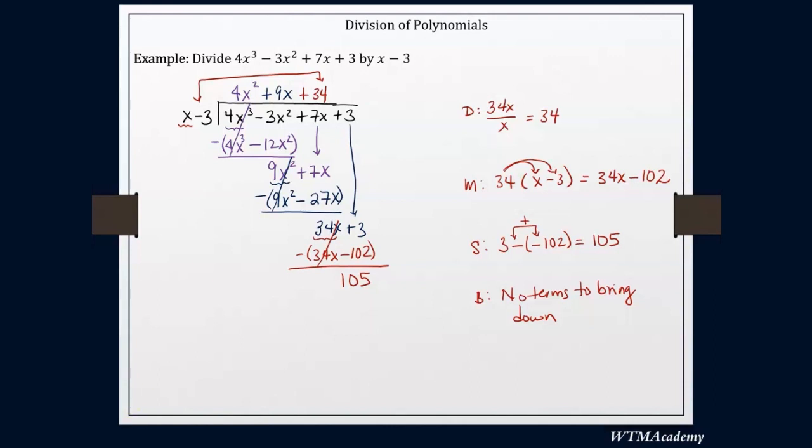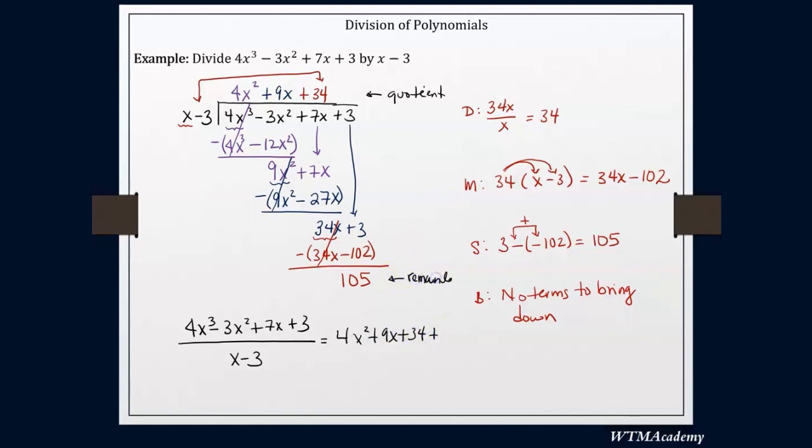Let's write our answer here. It will be the exact same thing as we did on the previous ones. That means that 4x to the third minus 3x to the second plus 7x plus 3 divided by x minus 3 is going to become the quotient, that is 4x squared plus 9x plus 34, plus that fraction that we create by taking the remainder divided by the divisor.